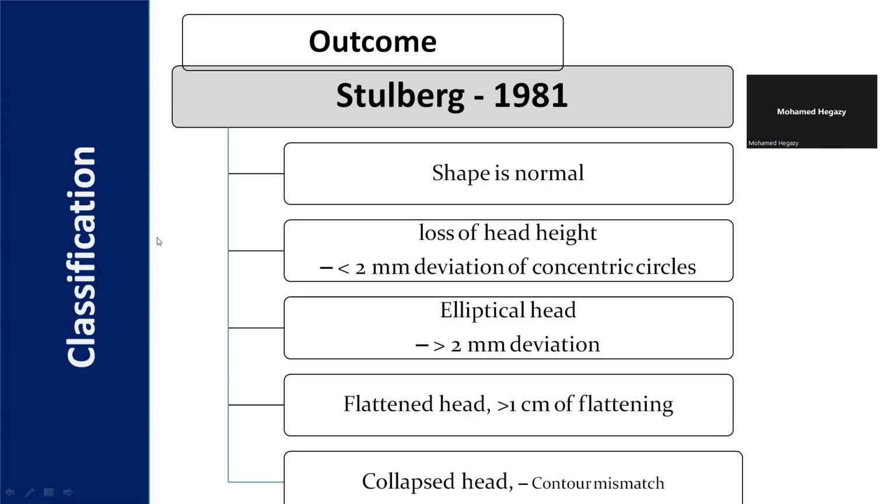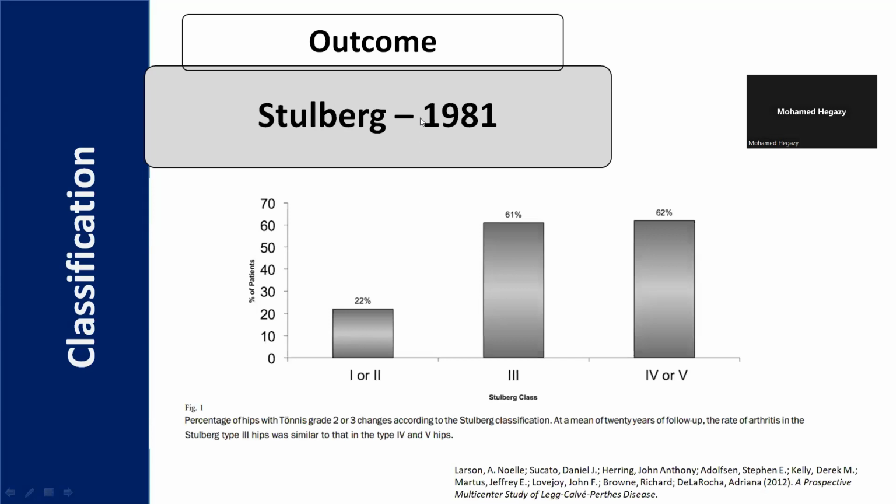Okay, go on, Ahmed. This was also a paper by Larson. He followed up the cases that were done by Stolberg. He collectively classified group 1 and group 2. He found radiologically that after 20 years of follow-up, 22% of them had osteoarthritis.